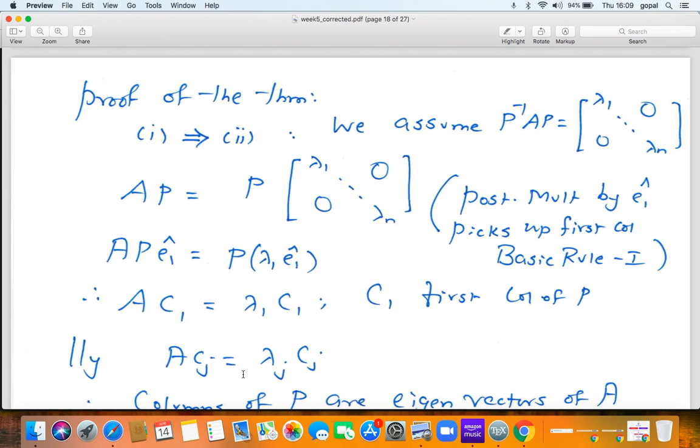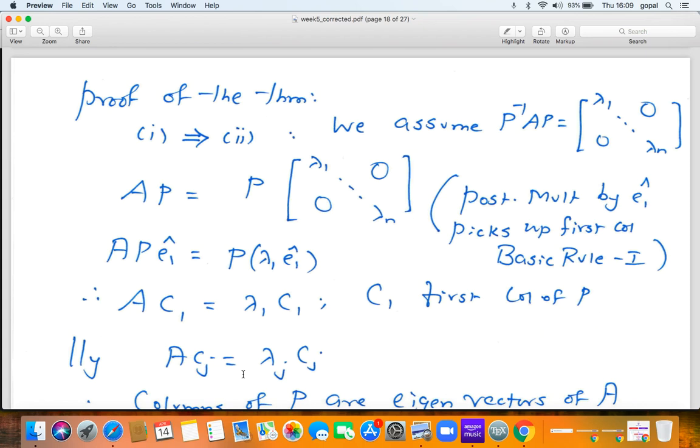So AP e1 cap equal to P, the diagonal matrix, applied to e1 cap. When I apply a matrix to e1 cap, you simply get the first column of the matrix, basic rule number 1. So AP e1 cap equal to P applied to lambda 1 e1 cap. The first column is lambda 1 e1 cap. But what is P e1 cap? P e1 cap is the first column of P. And let us call the first column of P as C1.